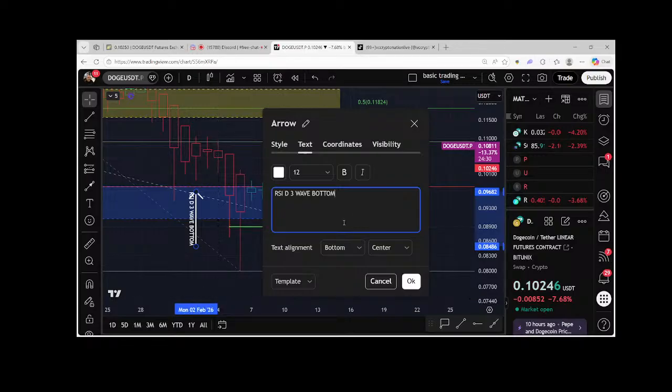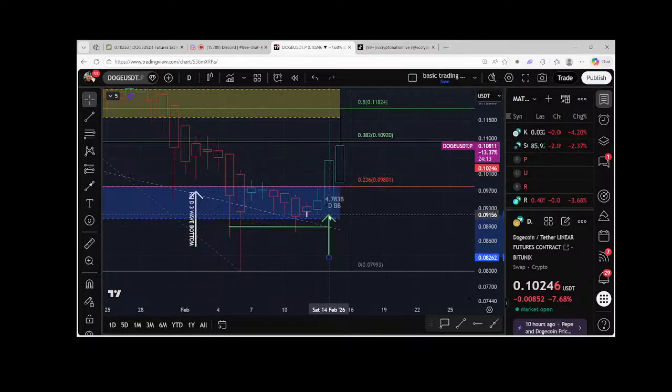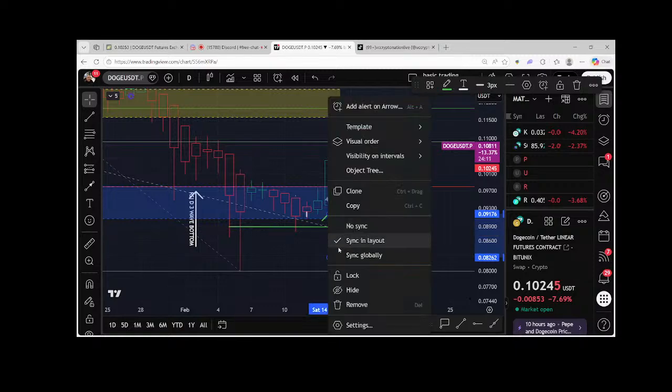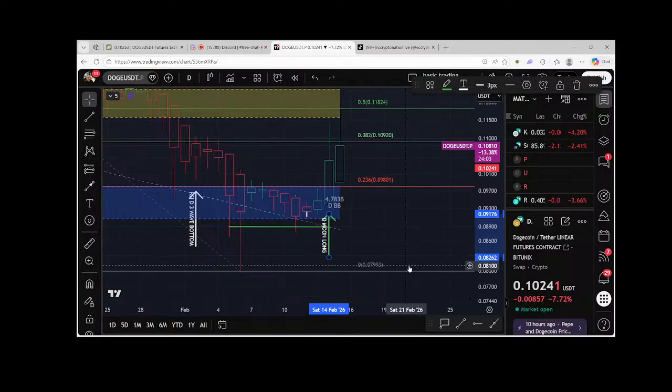So that is the RSI daily 3-wave bottom, meaning that at that time, the bottom had hit, it went up, it came back, it retested. So that's the third wave up, right? So that puts you in a position up here, right? This green mint one, remember, this is the daily moon long, right? That's our indicator telling us that that's the time to get into our daily.